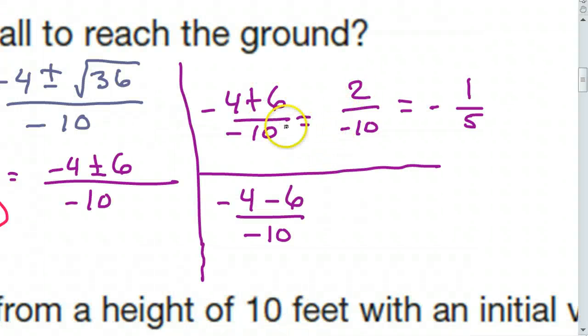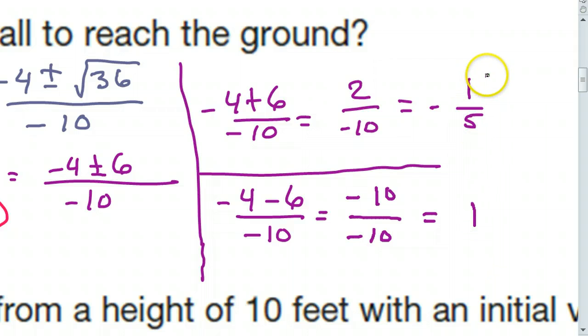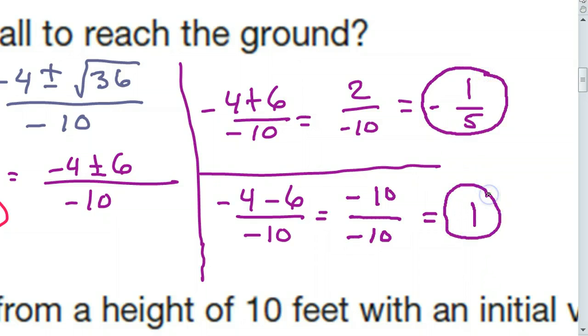You should be able to work it out step by step the way I'm doing, but if you find yourself making a lot of mistakes, check your answer by typing this in. Now negative 4 minus 6, that's negative 10, divided by negative 10, so that will be positive 1. So our two solutions are negative 1/5 and positive 1.